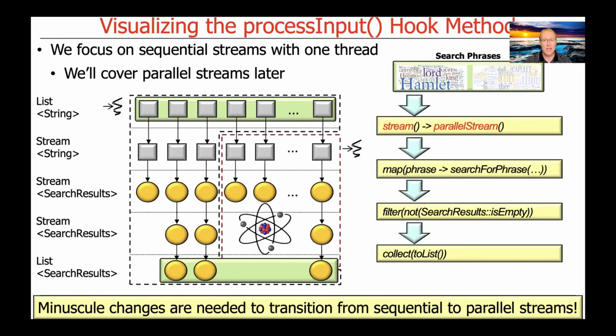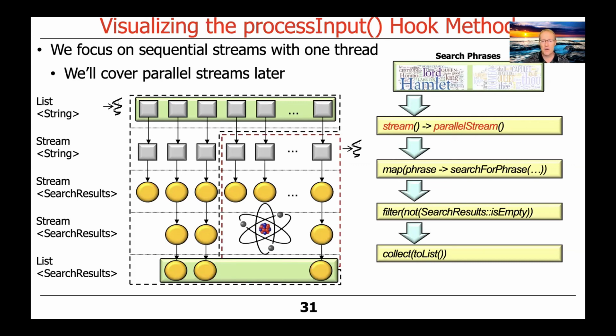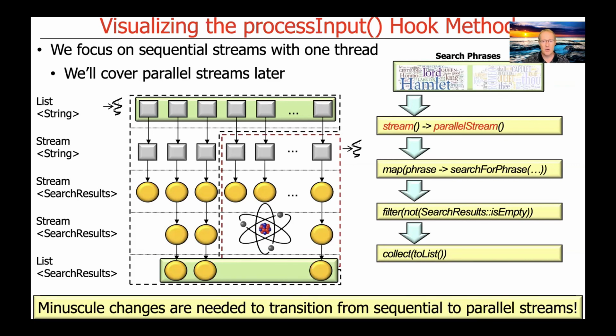The cool thing to note here, and you'll definitely find this out for your assignment, is that transitioning from sequential streams to parallel streams is as simple as going from stream to parallelStream as the factory method that you use on the various collections you're dealing with. So the input work array or the input work list, the phrase list, you can trivially make those sequential versus parallel just by changing stream to parallelStream, which is really cool.